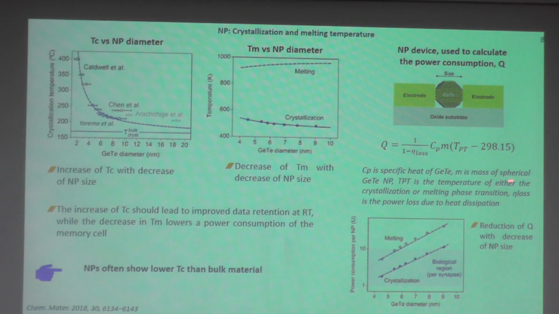TBT is the temperature, the crystallization and melting temperature, and here the loss term is the power loss due to heat dissipation. And what they found is that there is a reduction of crystallization and melting temperature, so on melting or on crystallization, a reduction of power consumption. So they can potentially be used for low power phase change devices.